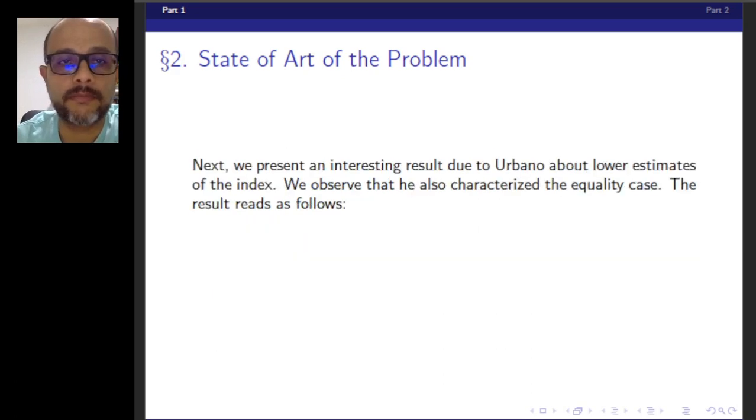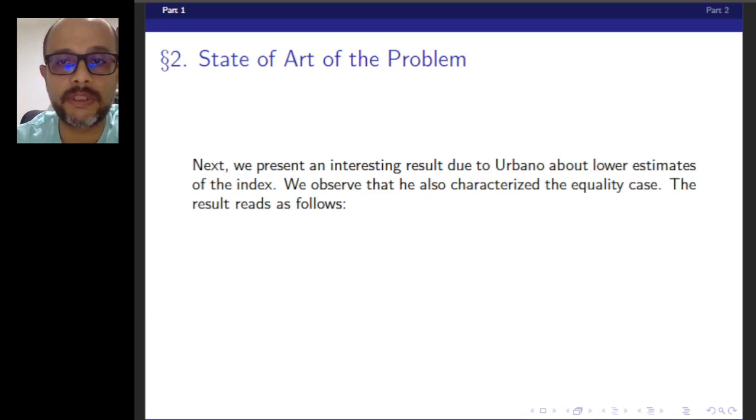So next, we would like to present a beautiful result of Urbano. Urbano studied minimal hypersurfaces in S3, the unilateral sphere of dimension 3, and he proved a gap of the index and characterized the number which is present in the theorem.